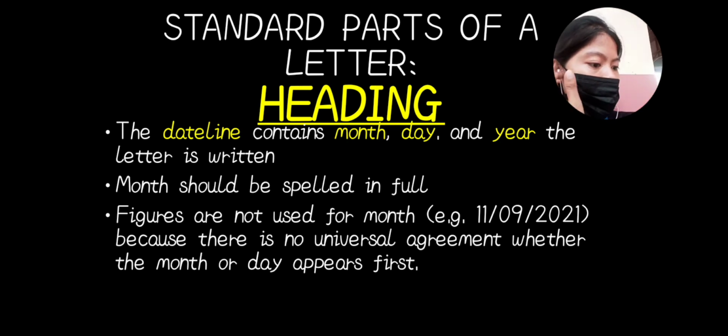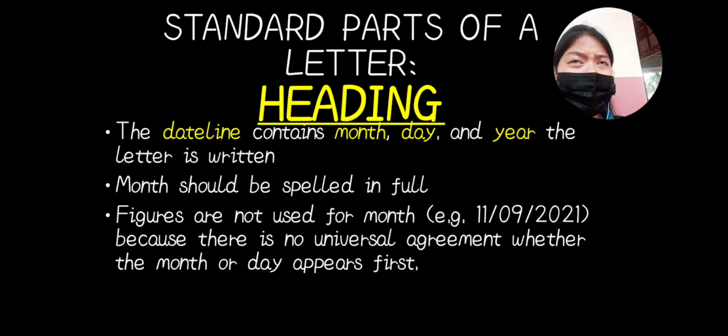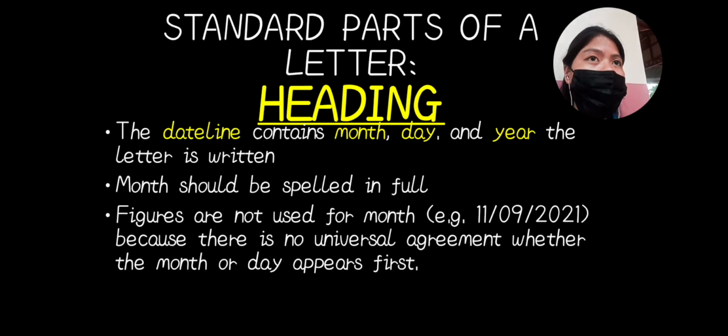When we are filling out an application form, for example, we are confused whether we are going to write the month of our birthday first or the day. Good thing if MMDDYYYY is already indicated. But if there is none, we will be confused which should come first, the month or the day.